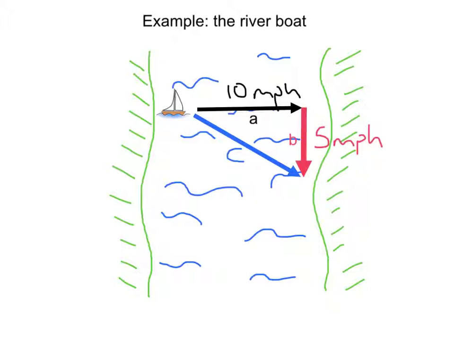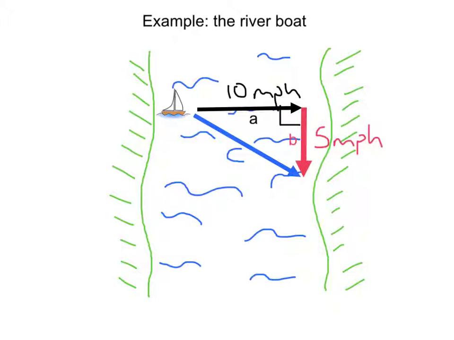And that's why if you are sailing across a river, you'll usually have to set a course a little way upstream to make up for the current going downstream. Now, a little interesting thing about this particular question is you can actually find the magnitude of C, because in this particular question, there is a 90-degree right angle between the two vectors.